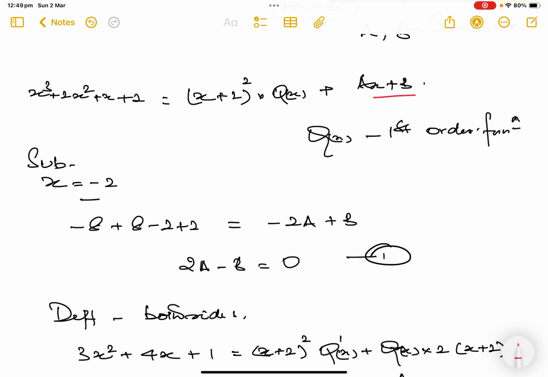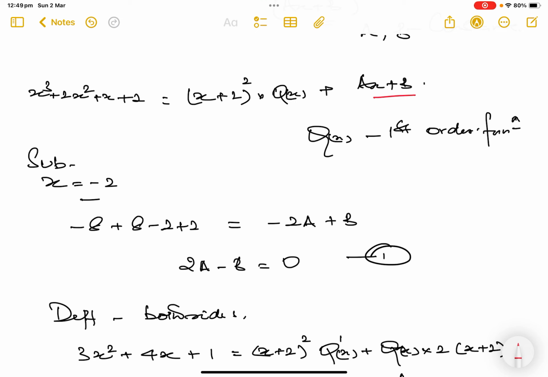Right, so we have an equation formed up. Just put x equal to minus 2, because we know for sure that x plus 2 becomes 0, so we don't need to worry about q. With x equal to minus 2, the left-hand side is minus 8 plus 8 minus 2 plus 2, which is 0.